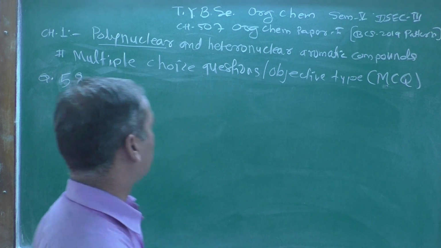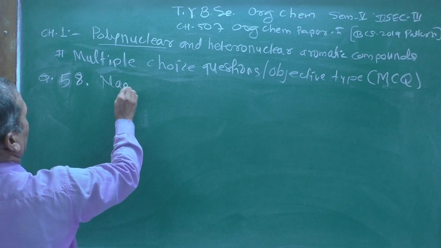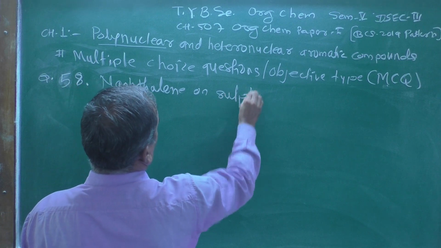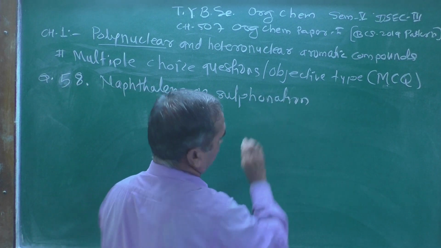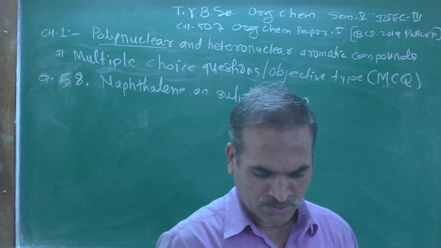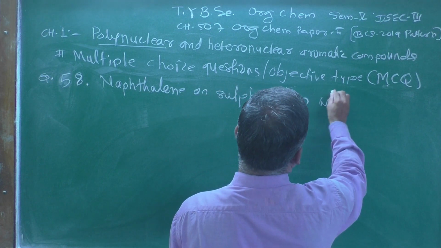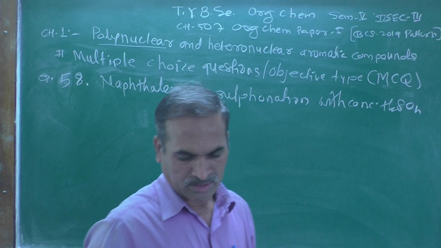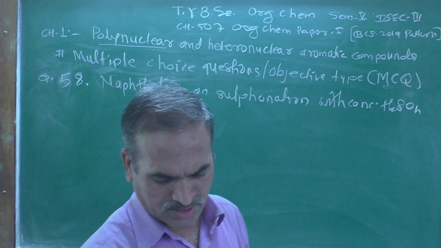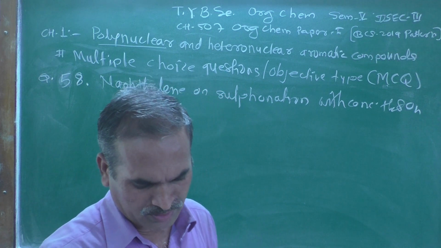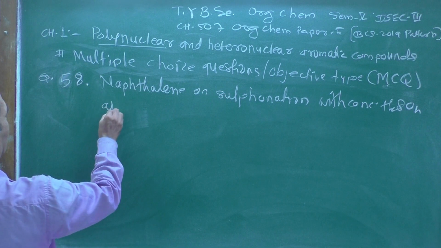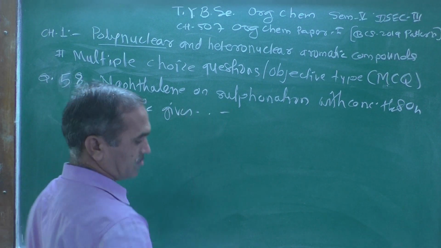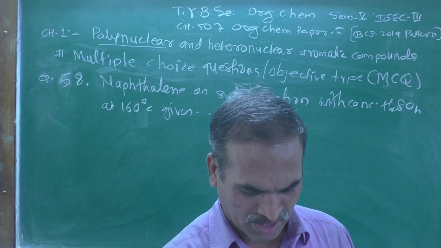Naphthalene on sulfonation with concentrated H2SO4 at 160 degrees gives dash, and multiple options are given.